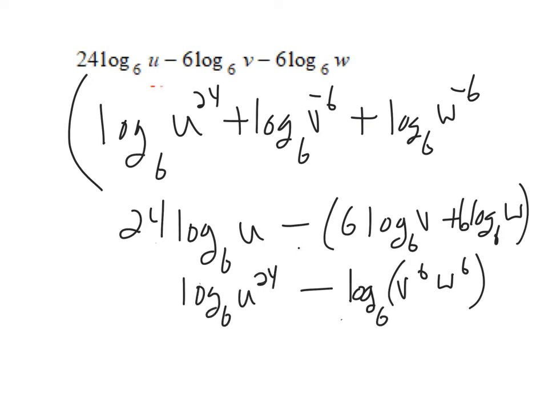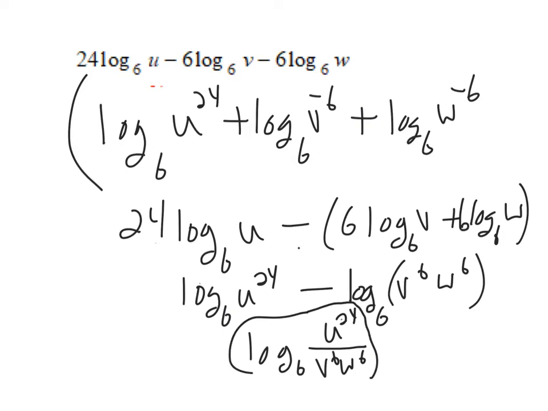Now I have the difference, 2 logs. I'll write it as a quotient. So log base 6 of u to the 24th over v to the 6th, w to the 6th. So I don't know if that's any easier, any quicker, but it's a different way to look at it, okay? I selected this question because I know when I was learning this stuff, these double negatives were problematic. I didn't quite know how to deal with that, so I wanted to make sure you saw that.